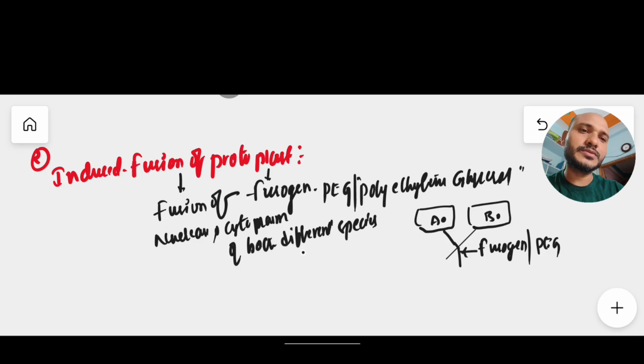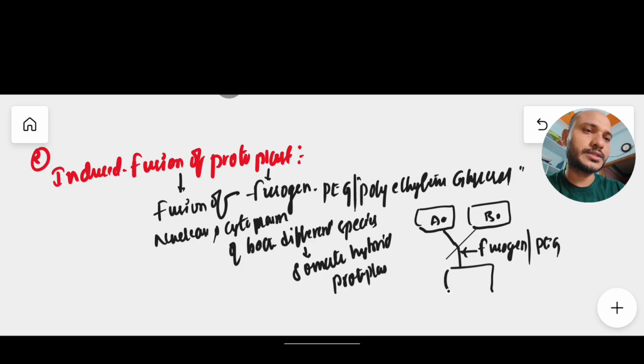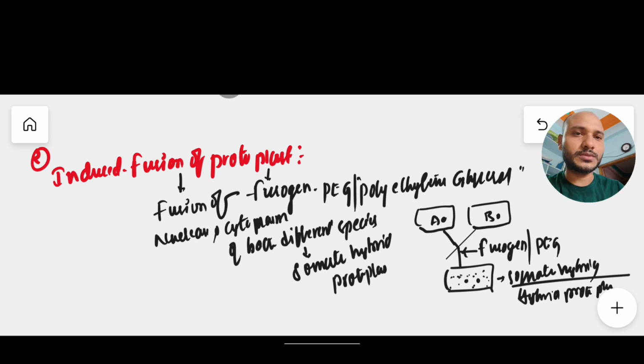Then finally we get a somatic hybrid protoplast, with both nuclei and the cytoplasm of both species. This is called a somatic hybrid or hybrid protoplast, formed because of fusion of the nucleus and cytoplasm of two different species.